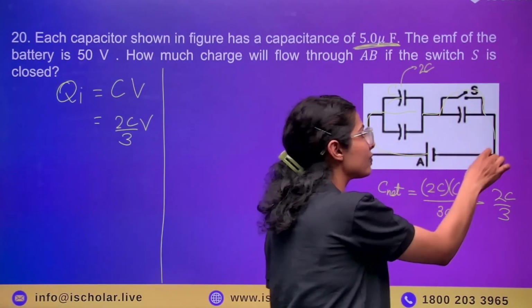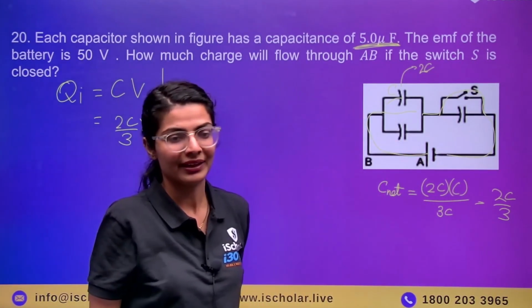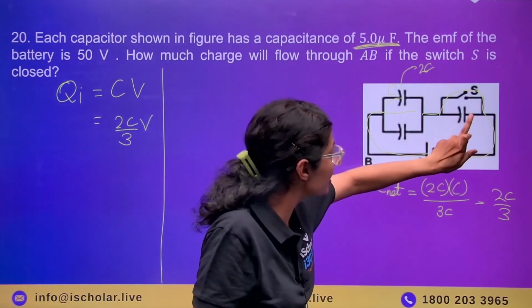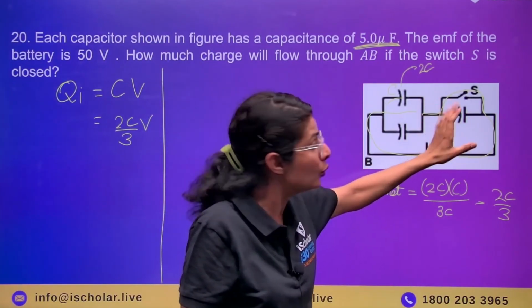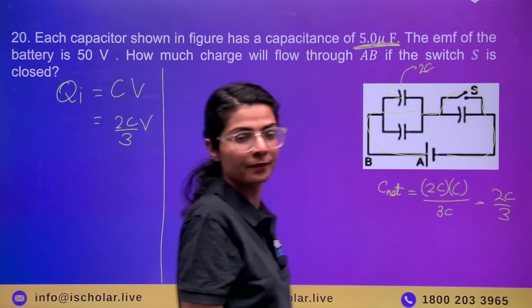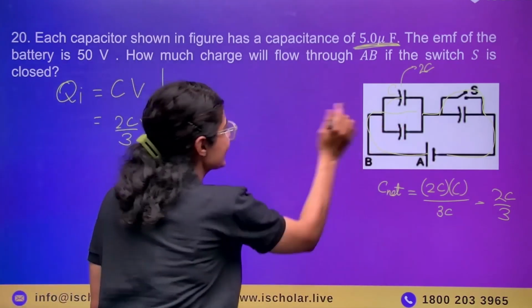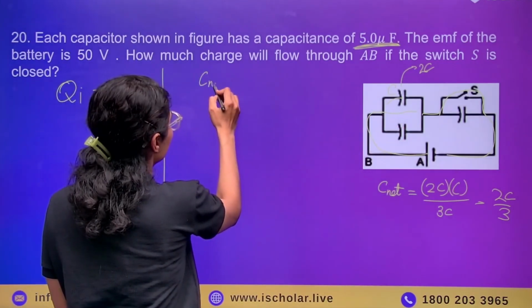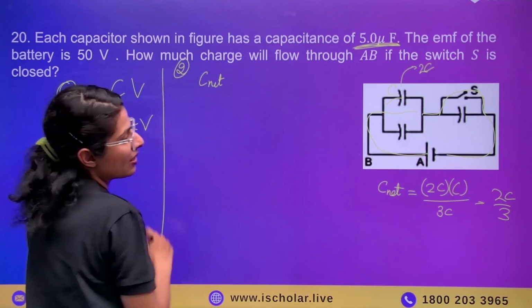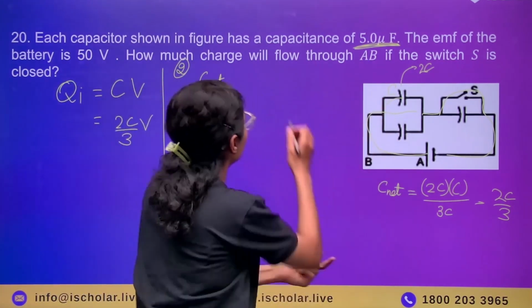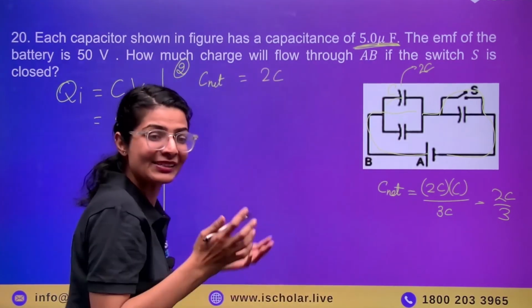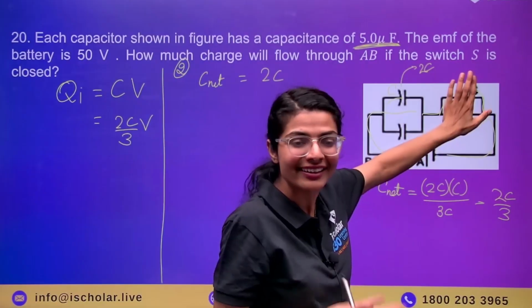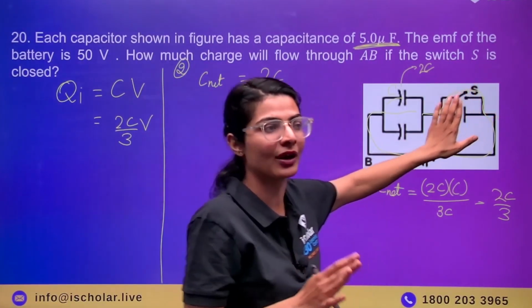We'll say the capacitor is short circuited. No charge will pass from here. In the second case, the total capacitance would be 2C. Why? This is short circuited, so it will not come into count.